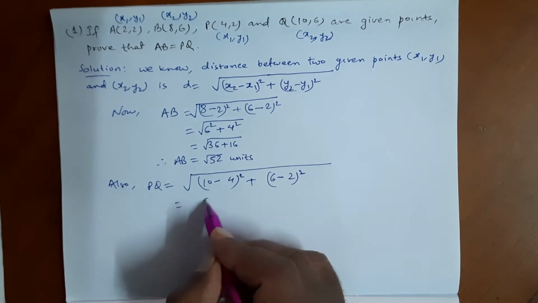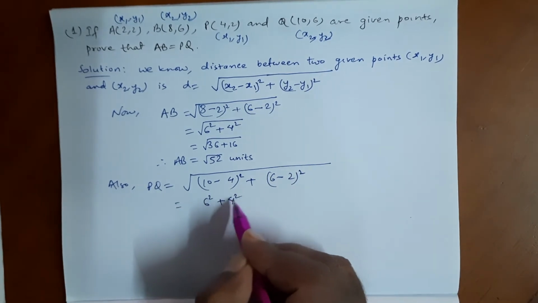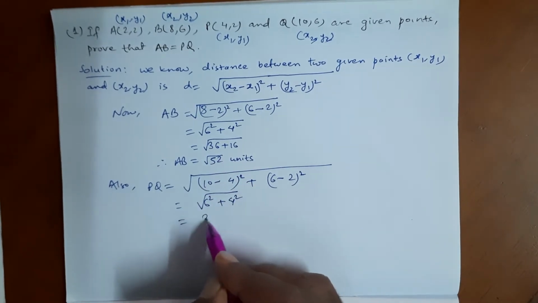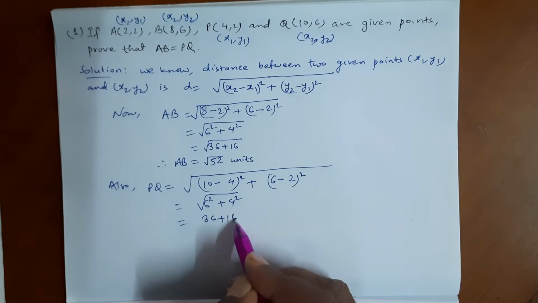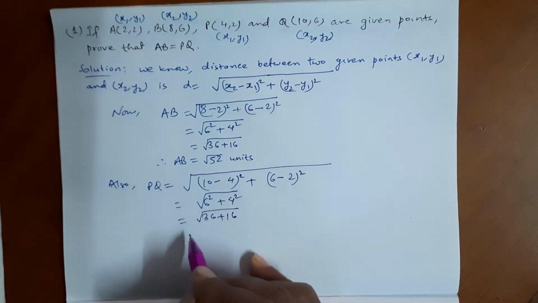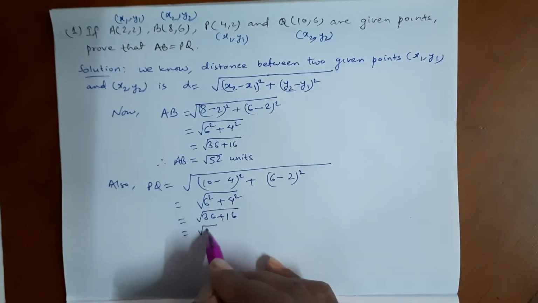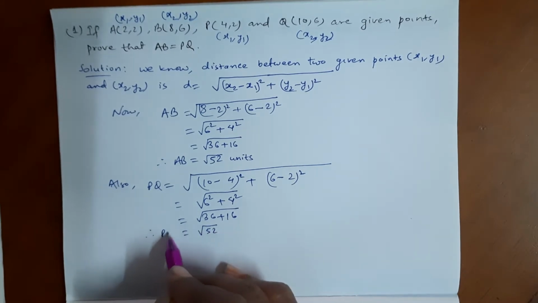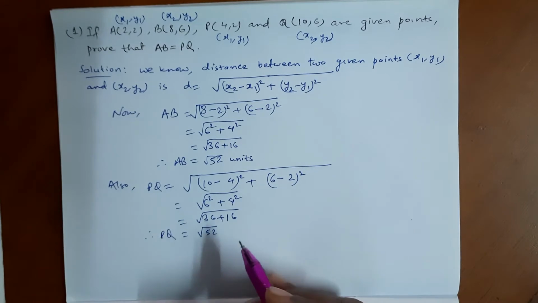This equals 6 square plus 4 square. From this also we will get the same value, 36 plus 16, root over this, that will be root over 52. So PQ equals root over 52.